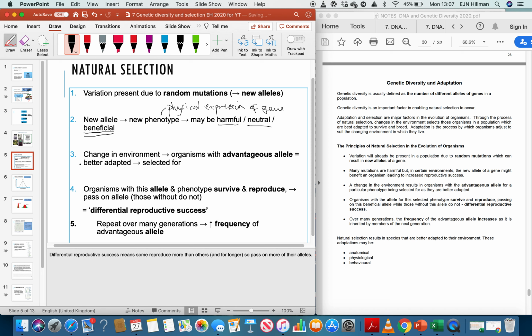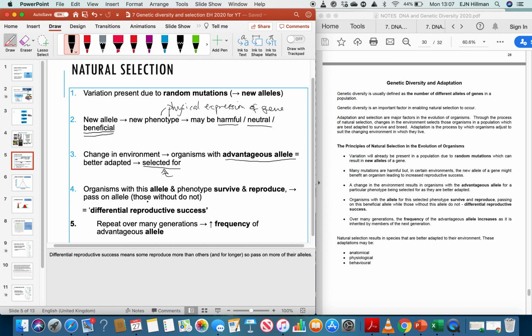Now, the beneficial ones mean that if there is a change in the environment, organisms with advantageous alleles, so alleles that allow them to be better adapted to the change in the environment, are selected for. And by selected for, we mean they survive and reproduce. So organisms with that advantageous allele and the phenotype that results are able to survive longer, reproduce more often, and pass on that allele.